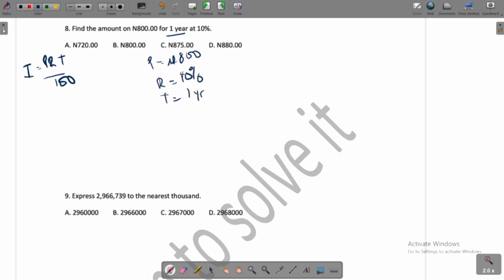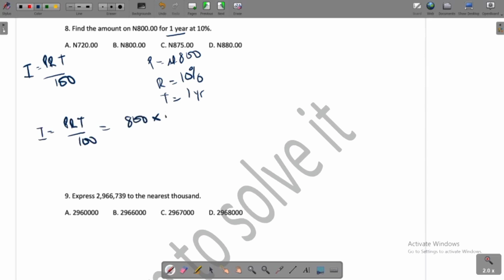Now find the amount on 800 naira. So it means how much will you say as interest on 800 naira for 1 year at a rate of 10%. So we just come here using our formula. I is PRT over 100. That's our P, 800.